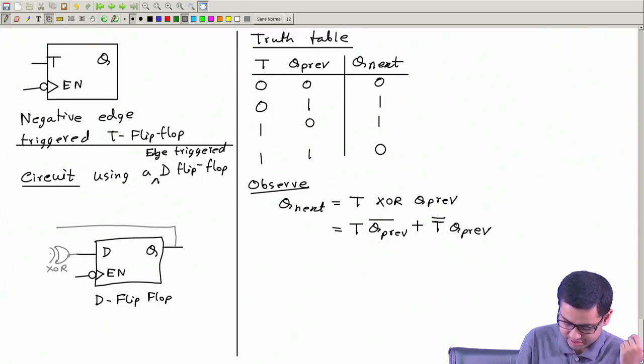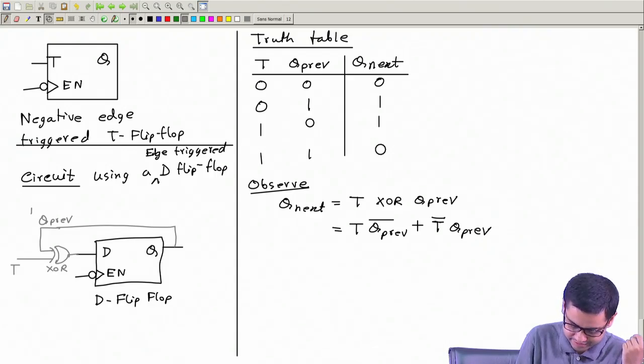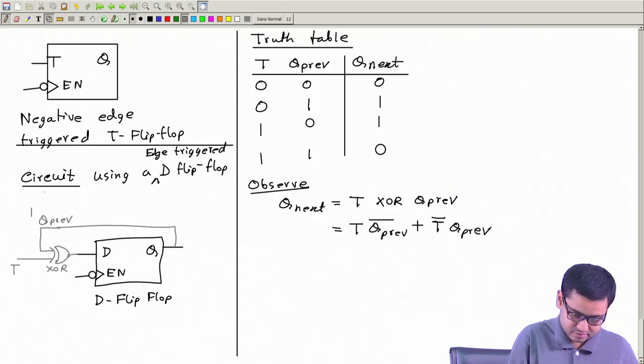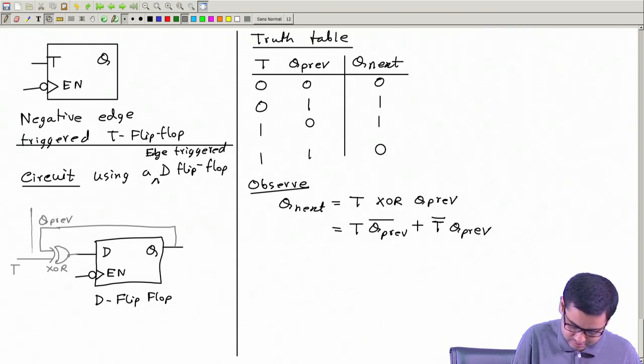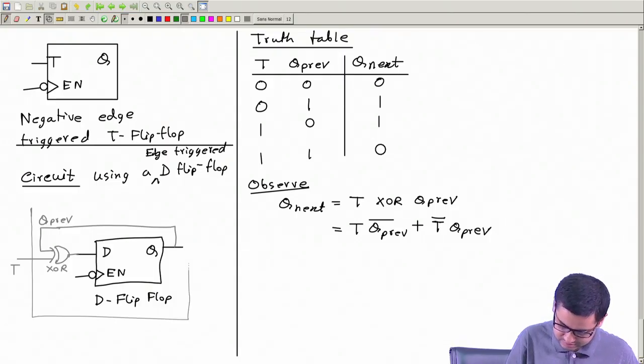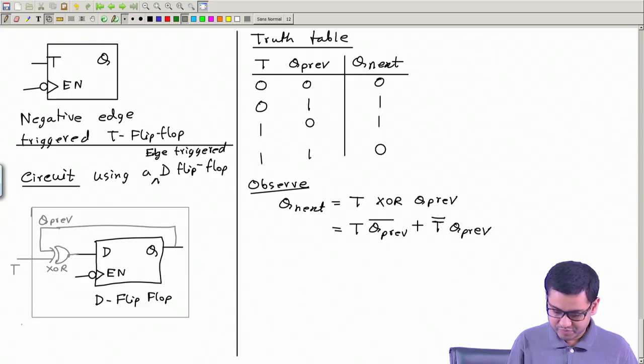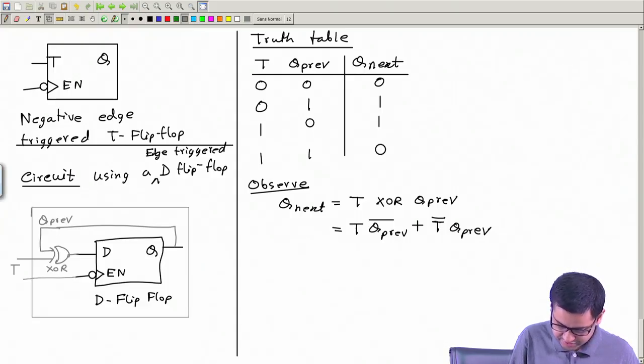This is XOR gate, and here it has two inputs, one which is coming from Q, or you call this Q previous, and this is T. And this entire thing is the T flip-flop with negative edge triggering.